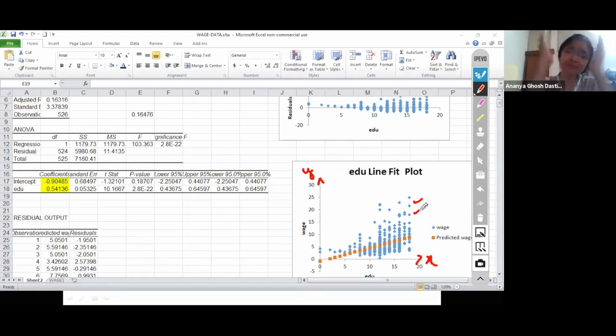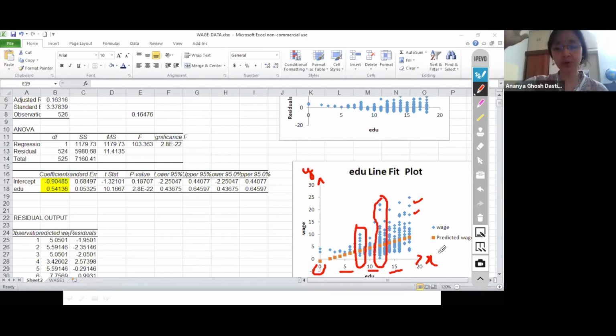Why is it going up in straight lines? Can you guess? It's because of the way my explanatory variable is. My explanatory variable is a discrete variable. It is years of education. So years of education goes from 0 to 5, 10, 15. And for each year of education, here are the wages. So for each year of education, you don't see only one wage.